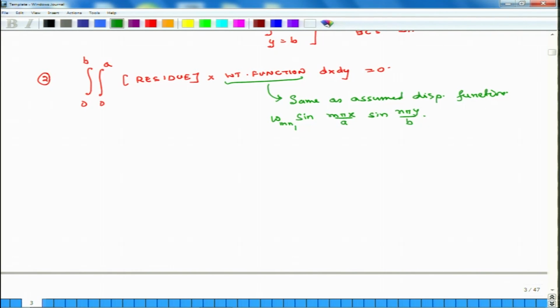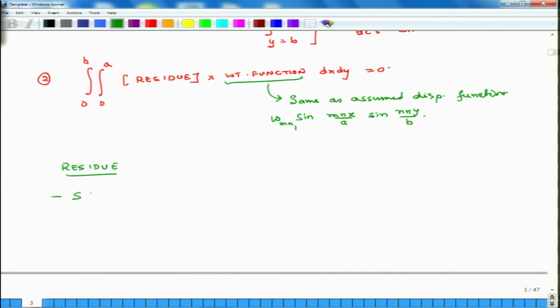So, what I do is I plug all this in. So, what is the residue? First we will develop an expression for the residue. So, my residue is minus S times the second derivative of w with respect to x and y.